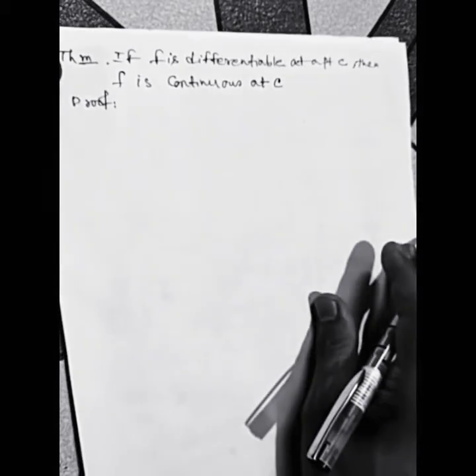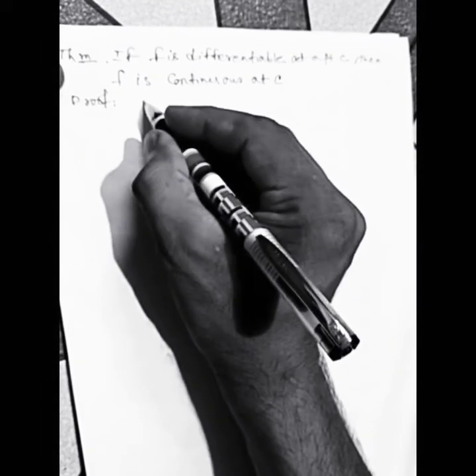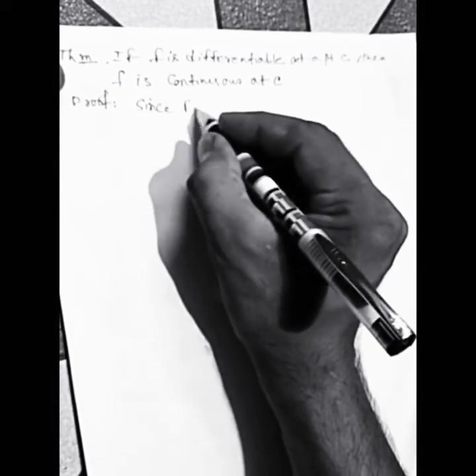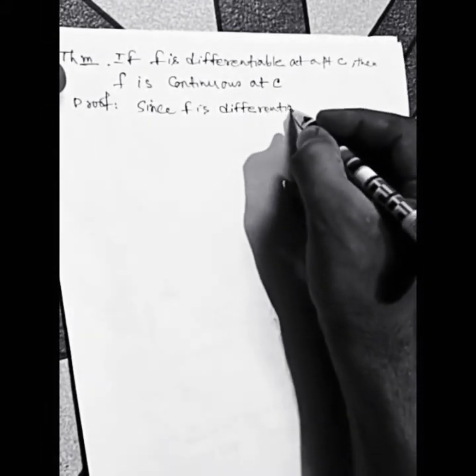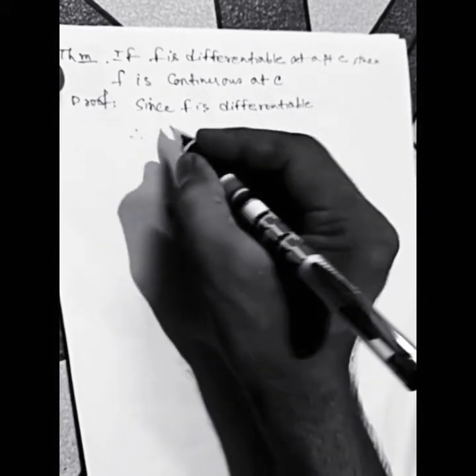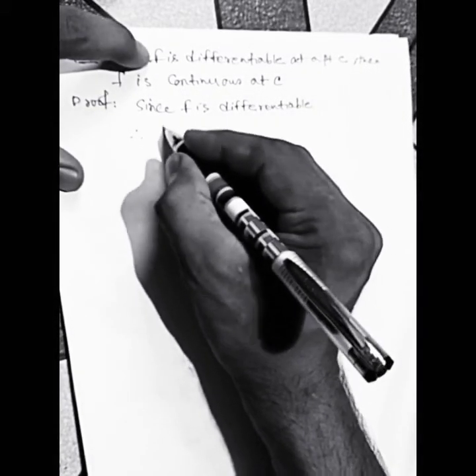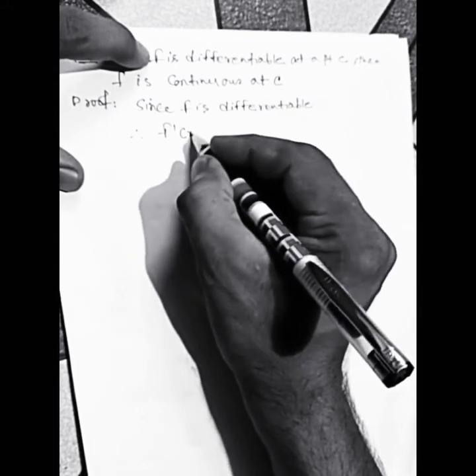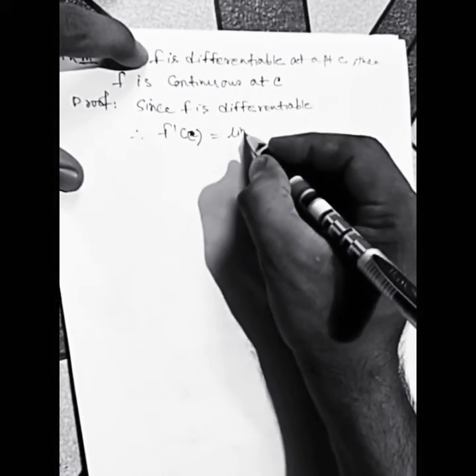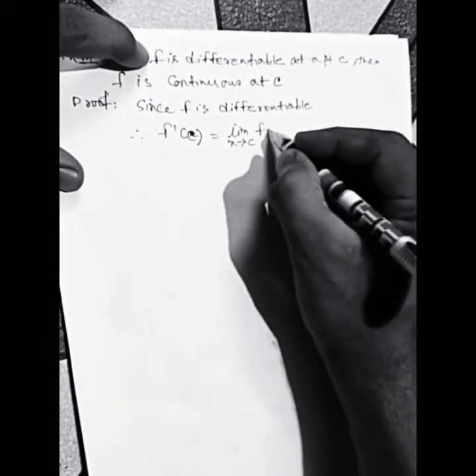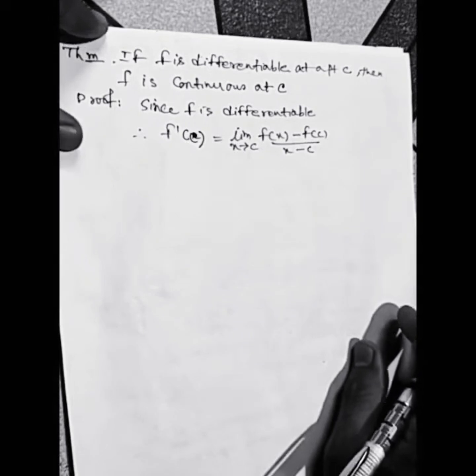It is given since f is differentiable. Therefore f dash c, not x, sorry, f dash c is equal to the limit x tends to c of f of x minus f of c divided by x minus c.